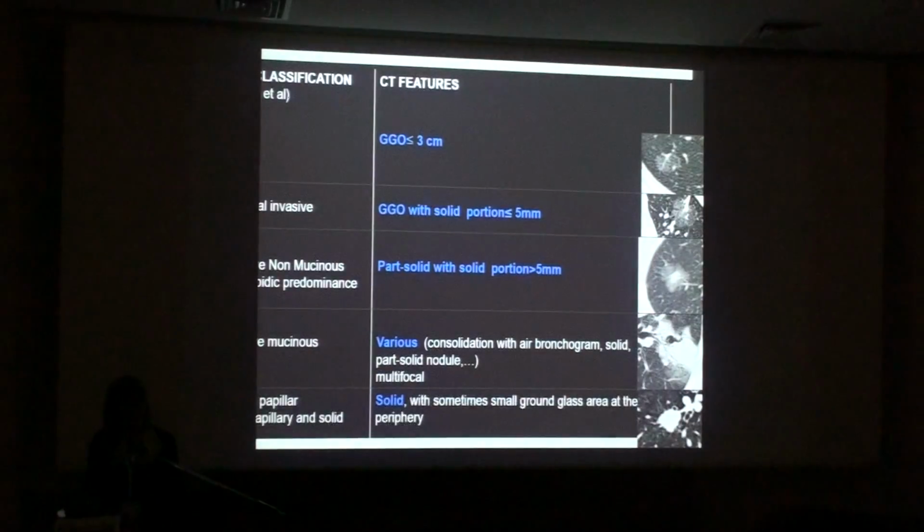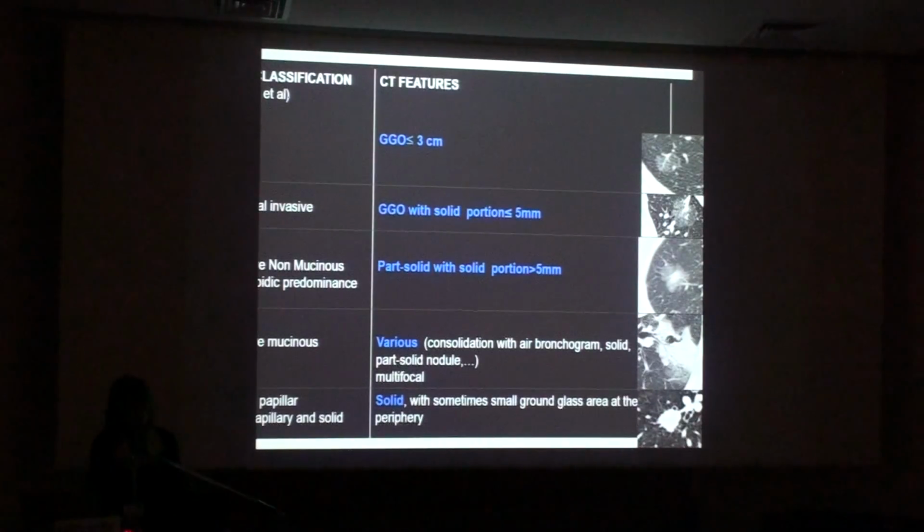In fact, I like that topic because we have very good correlation between our images and the histopathologic data. If we consider the revised classification of lung adenocarcinoma, done in 2011, and the CT features, you will agree that we have good correlations.